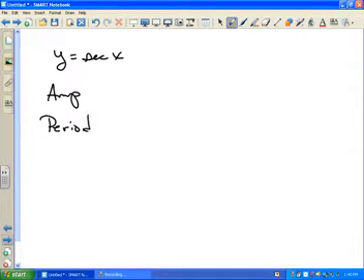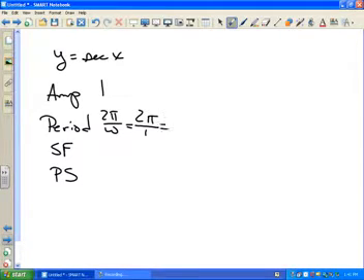Then we'll make our table. So in the general information, amplitude is always at the front. I don't see anything, so it's 1. Period is always 2 pi divided by omega. And what do we have in front of our x? Well, I don't see anything. So, right, because I'm going to divide by 1. And then 2 pi divided by 4 for the scale factor is going to be pi over 2.